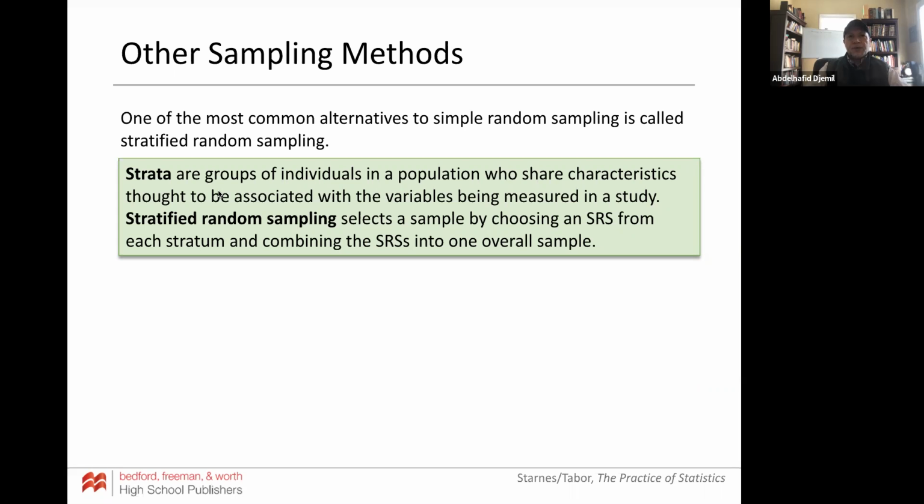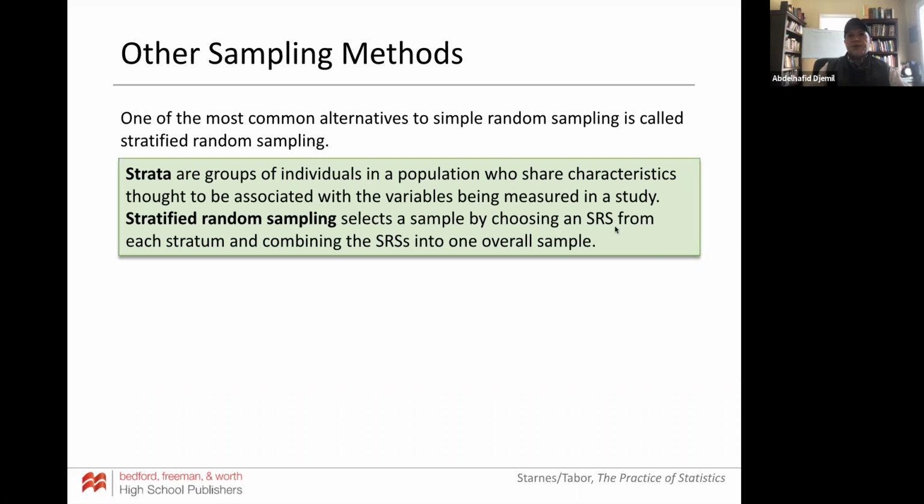Each class is a strata. And what we need to do when we want to sample from those classes is we take an SRS from each of them, and then combine those samples together so that we have the sample about the whole grade, the 9th grade. Okay. So that is the strata or stratified random sampling.